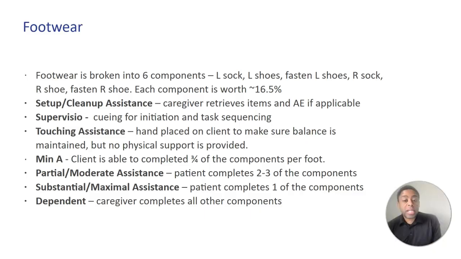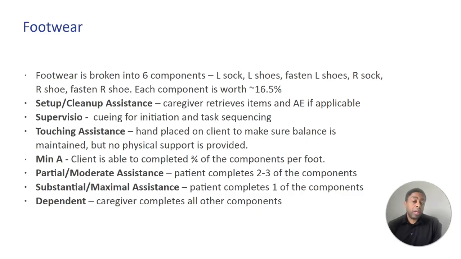From a footwear standpoint, that includes socks and shoes, so you're documenting footwear versus separating them between socks and shoes. There are 6 components total, right? Put on the left sock, put on the left shoe, tie the shoelace. Same thing with the right side.